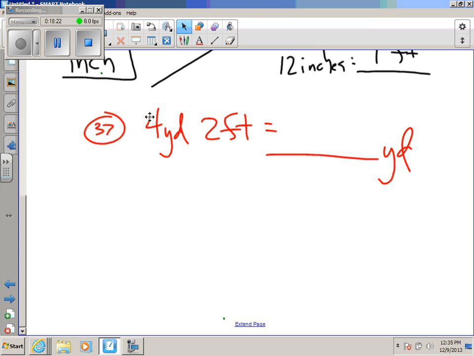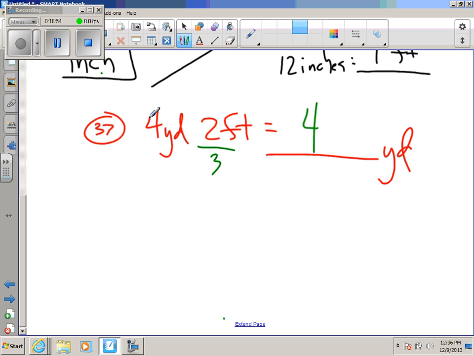Good question. Number 37 says, can we put 4 yards and 2 feet into just a yard measurement? How many full yards do we have? 4. Is the 2 feet going to bring us over and give us another full yard? No. So my whole is still going to be 4. How many feet are going to give us a yard? 3.